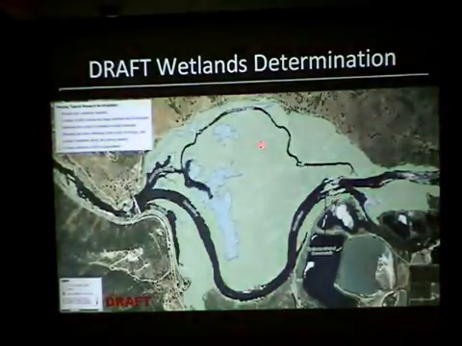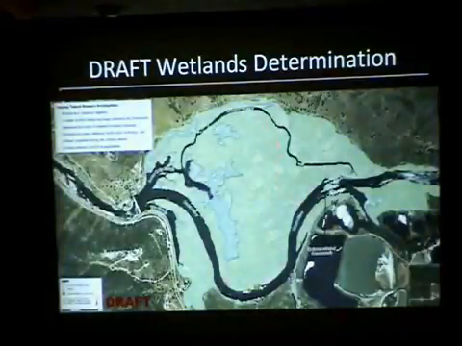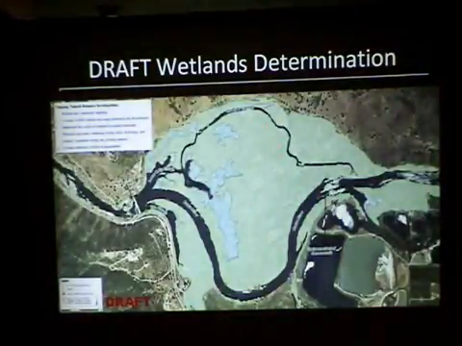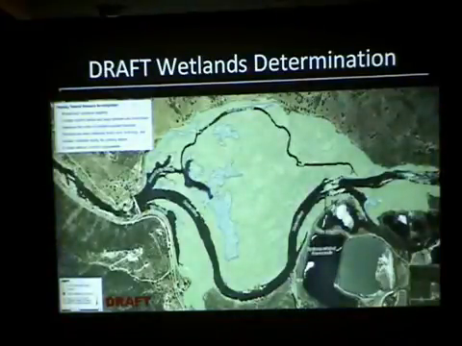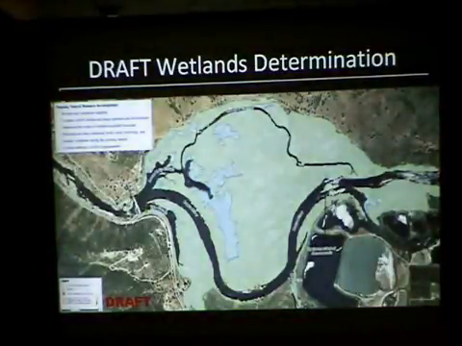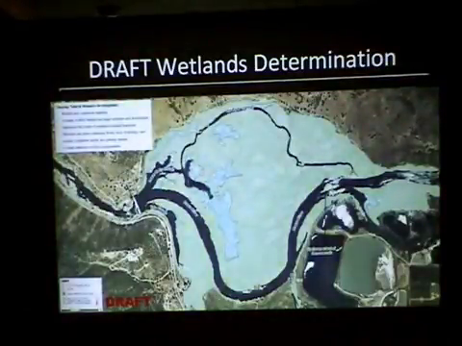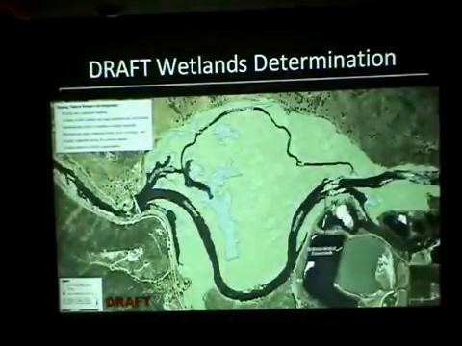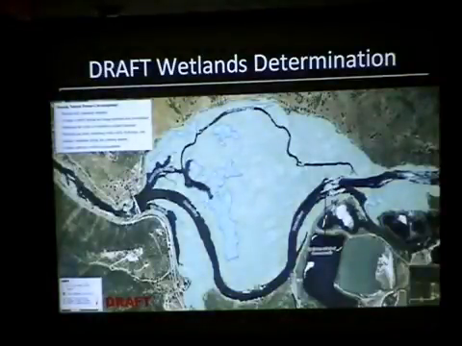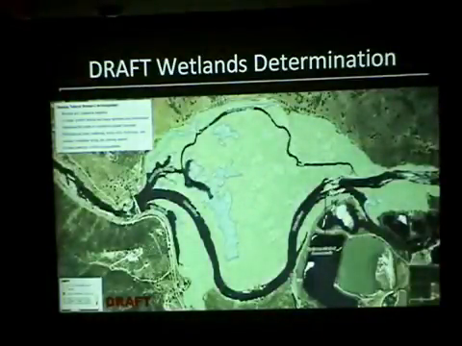Then this is all pretty much uplands, and the reason for that is primarily the vegetation. It's just not hydrophytic vegetation. So these are the initial findings. I think we were talking in the range of over 350 acres of area, with less than about 20% or so being wetlands in this particular area.